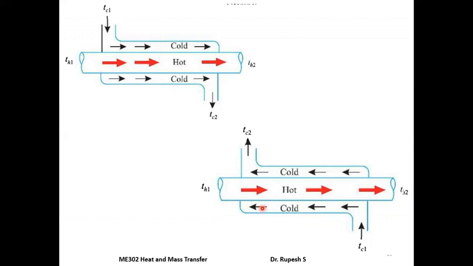So it becomes a counterflow heat exchanger. If you consider this parallel flow to counterflow heat exchanger without changing the mass flow rate of the fluids as well as the inlet temperature of the fluid, then if you calculate the LMTD for parallel and counterflow, the LMTD for counterflow will be always greater.